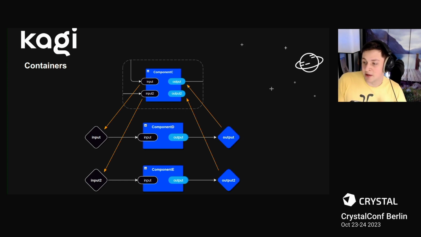So you can see container C is a container for another lower level network comprised of component D and E, which happen to be two totally independent flows nested within component C. And you can see here how the rhombuses map up into the higher level ports. Now, anywhere that we refer to component C in our diagram, it actually refers to an instance of the subnetwork, allowing us to reuse this encapsulated control flow in multiple contexts.